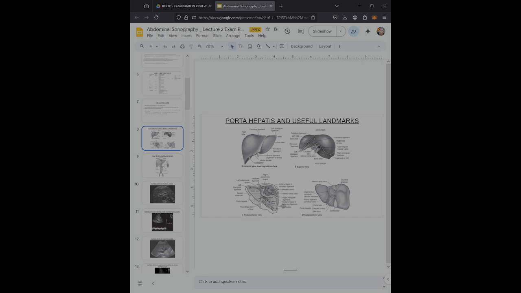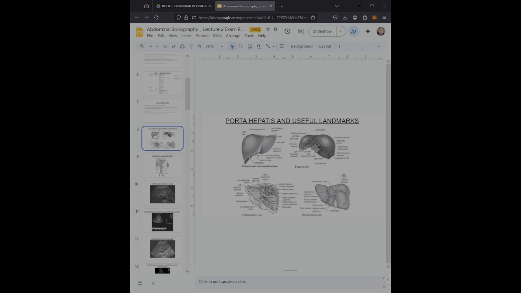So sonographically, these ligaments appear hyperechoic due to the amount of fat located within and around them. The ligamentum venosum, which appears as a hyperechoic linear structure, can be noted anterior to the caudate lobe, and the ligamentum venosum is located between the caudate lobe and the left hepatic lobe.